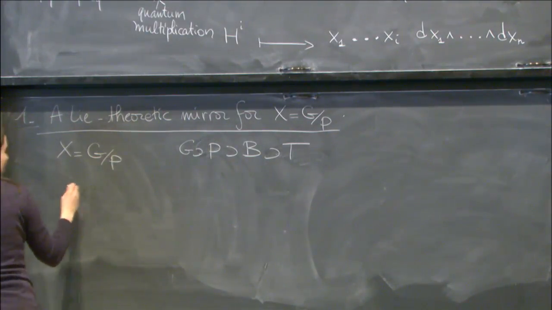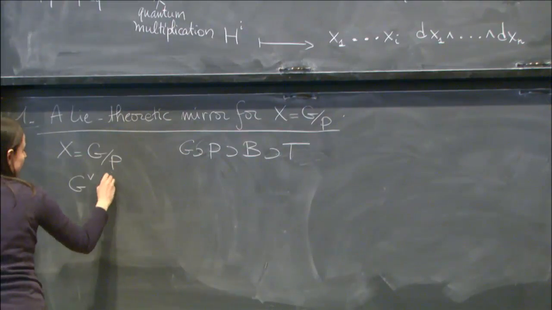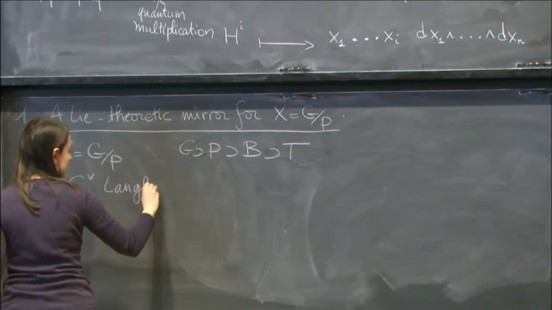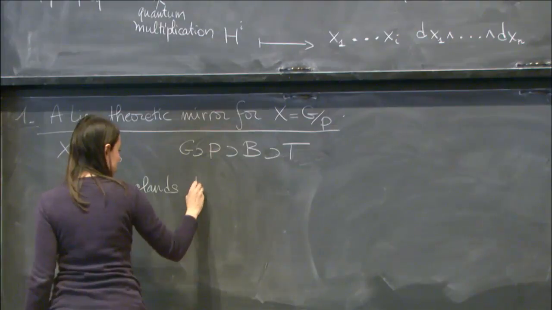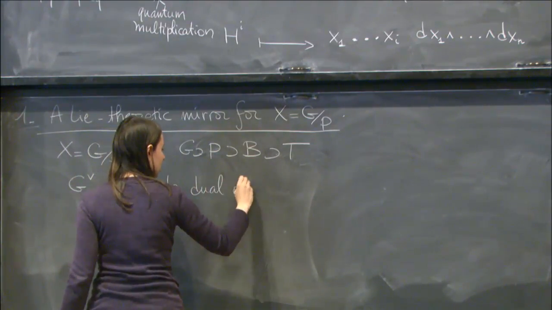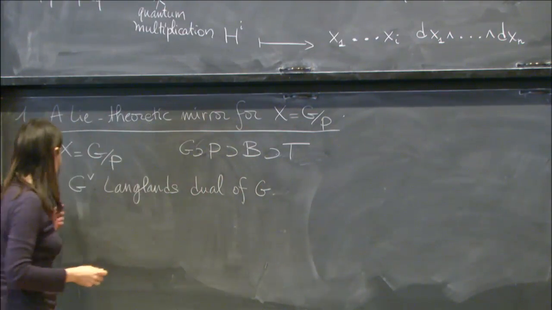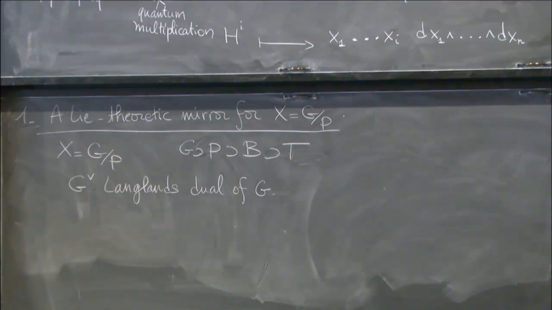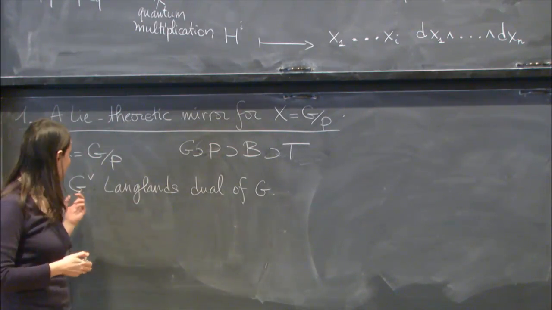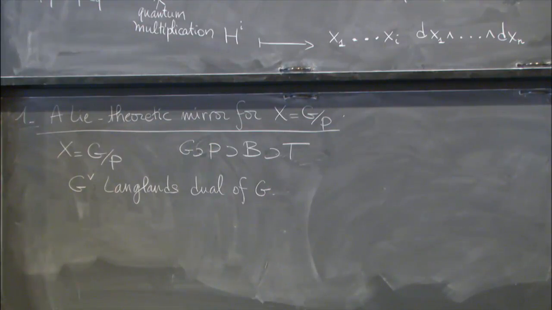So I take G check, the Langlands dual group of G, so G my semi-simple algebraic group over C. Langlands dual essentially does nothing if the group is simply laced, so it just changes adjoint into simply laced and vice versa. We'll see examples, so I'll talk about Lagrangian Grassmannians, where here it does something quite a bit more drastic.